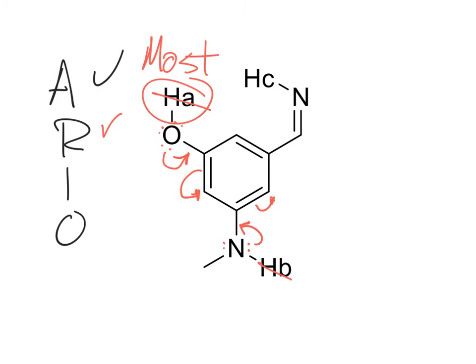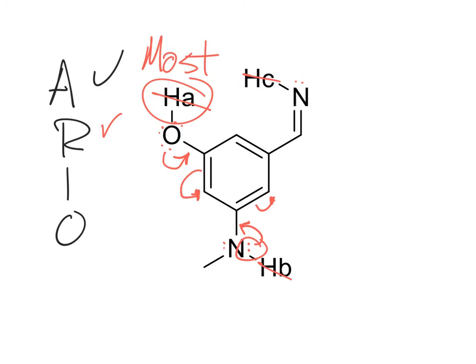So the lone pair on the nitrogen down here, on HB, that lone pair would be delocalized. Because this nitrogen is already doubly bonded to a carbon, the lone pair that would end up on the nitrogen after the hydrogen comes off is not going to be delocalizable. They're going to be localized.